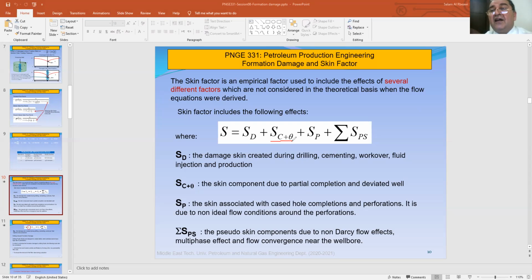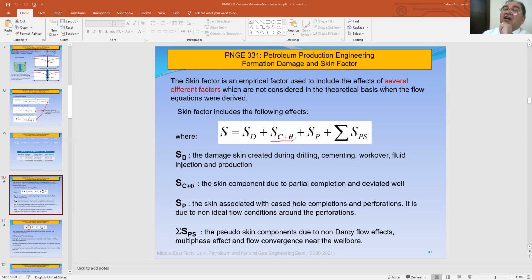While S sub theta gives you the skin factor if you have some change in the direction from the vertical direction. So S sub theta gives you the skin factor of the deviated holes, slanted wells.